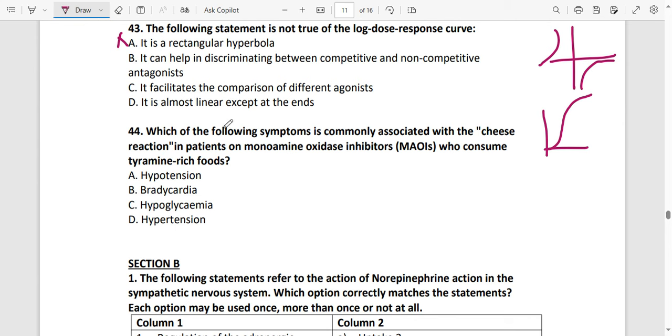So what is the tyramine-rich foods, the cheese reaction? What condition is associated with it? It's hypertension. So that's a hypertensive crisis. Thank you so much.